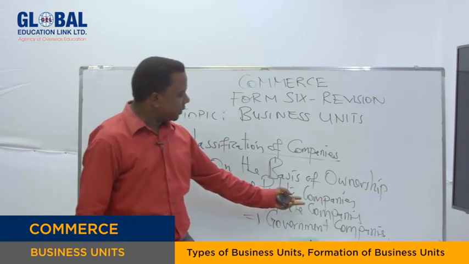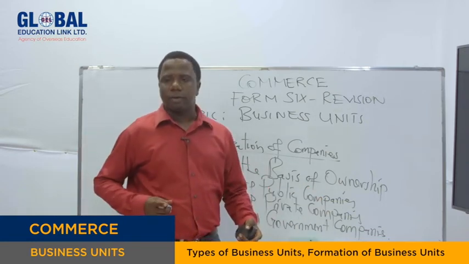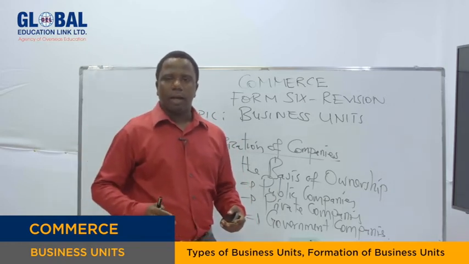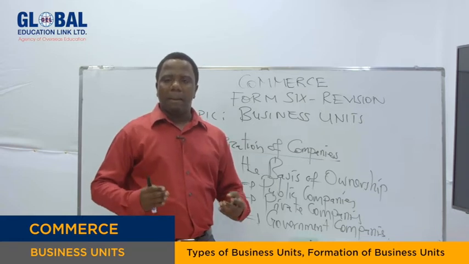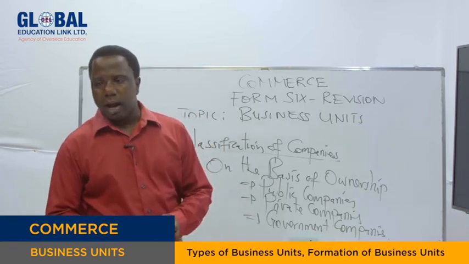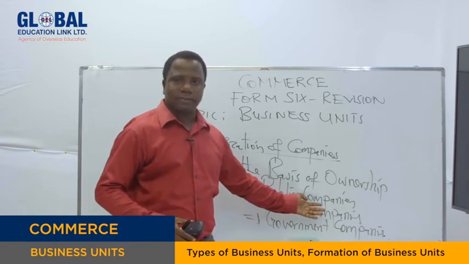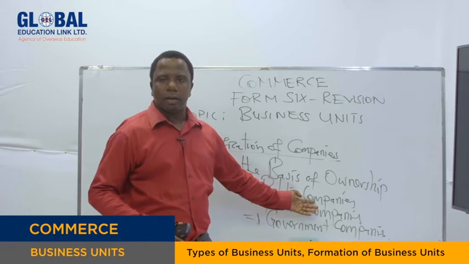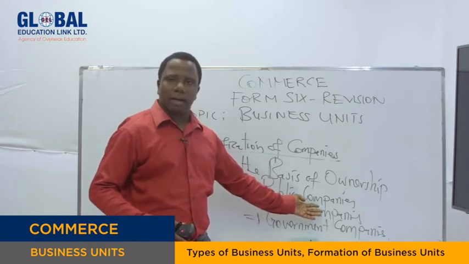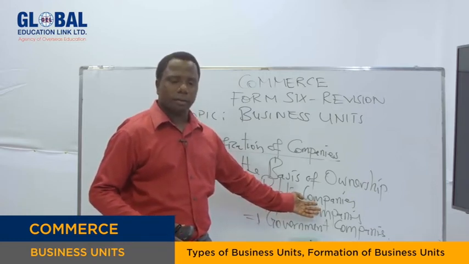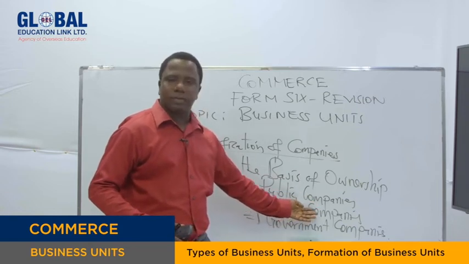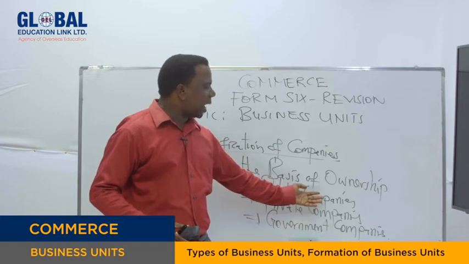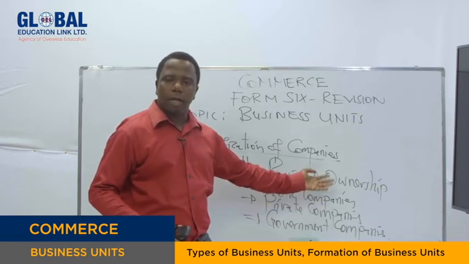While private companies are types of companies which are owned by private individuals, and therefore members of the public have no chance of investing in these companies. Their number is limited. Under private companies, the maximum number is 50, while in public companies, there is no limit.